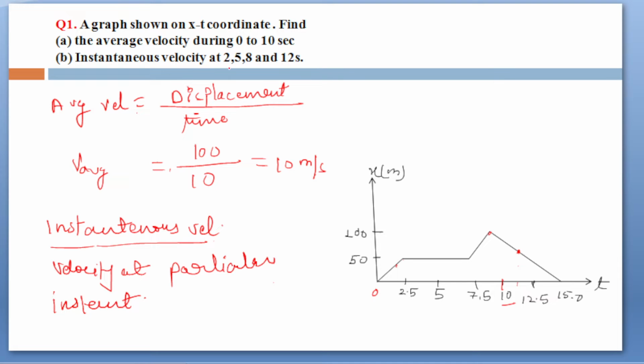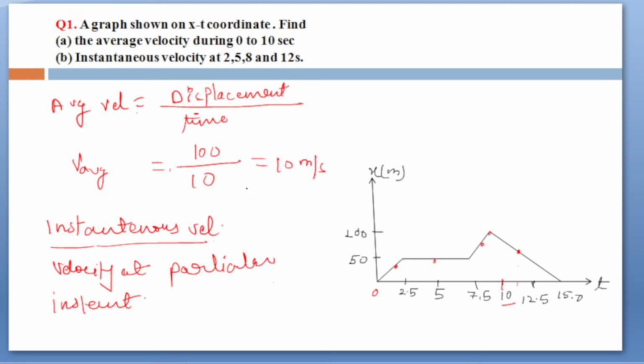So if we find the velocity at 2 second, means we have to find here. 5 second means here, and 8 second means something here, and 12 second means here. So at 2 second, so instantaneous velocity, that is velocity at that instant.